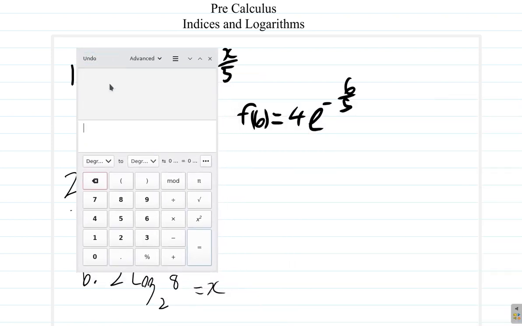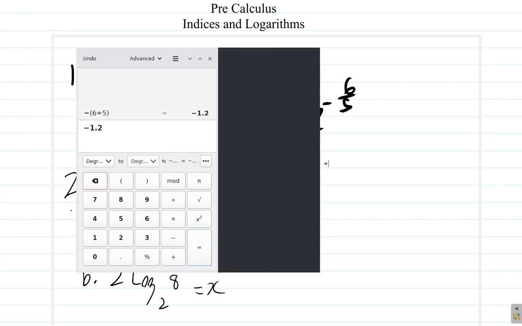So we have negative 6 divided by 5 is negative 1.2. Now, we want e raised to that power.